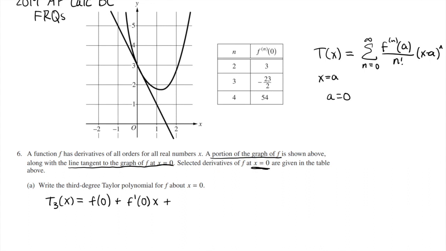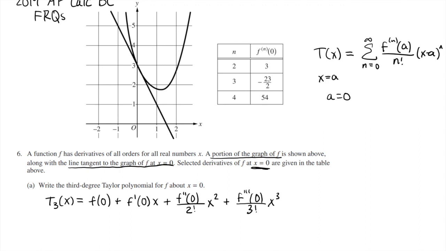The next term will be the second derivative at 0 over 2 factorial, which is the same thing as 2, but I'll write it as 2 factorial, x squared. And the third term, the degree 3 term, is the third derivative at 0 over 3 factorial x cubed.